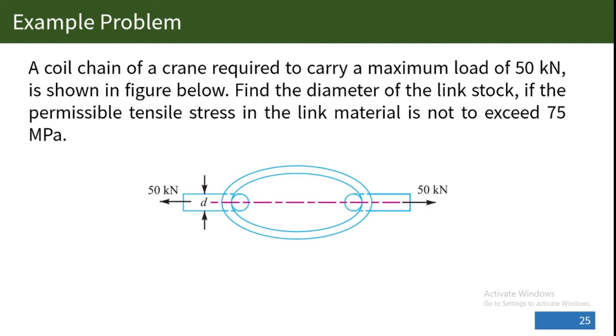The material of the link stock has a permissible tensile stress designed not to exceed 75 megapascal. So from the given stress and maximum loading, we are required to find the diameter of the link stock, right?